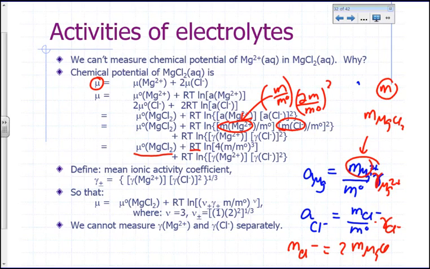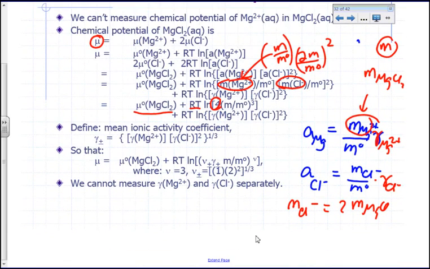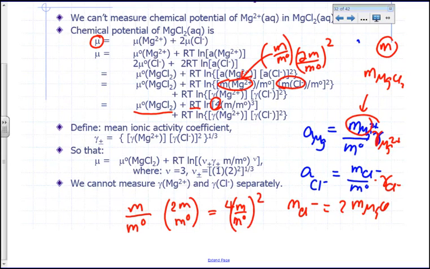But then you have to square 2m over m naught, so you have a factor of 4 here. So m over m naught times 2m over m naught squared gives you 4m over m naught, cubed. This is power 1, and that's squared, so that's a power of 3. So this term is cubed right here.